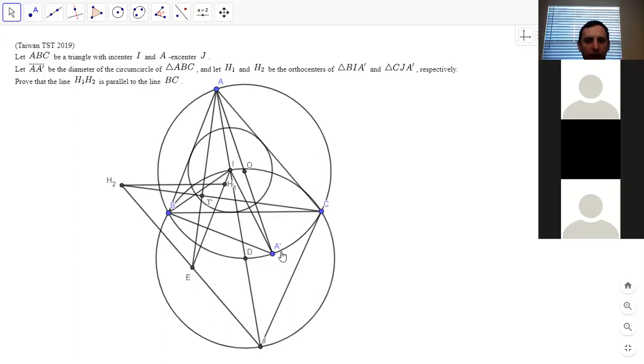So were there like two triangles that I thought were similar? Wait, is BIA' similar to ABC? I was going to ask if BIA' is similar to ABC, but that can't be true.